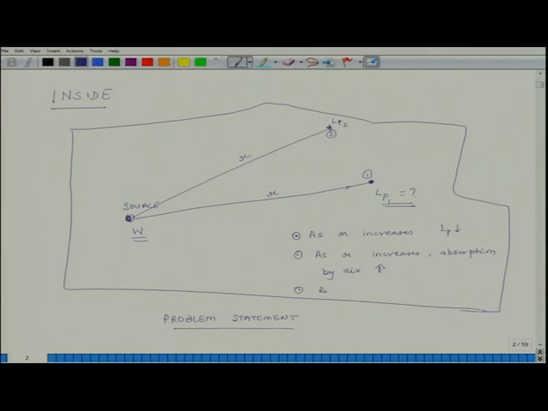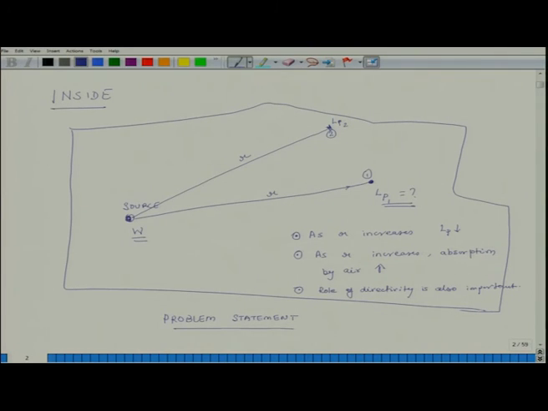So, the role of directivity is also important. So, whatever mathematical relation we have, it should also account for the role of directivity.